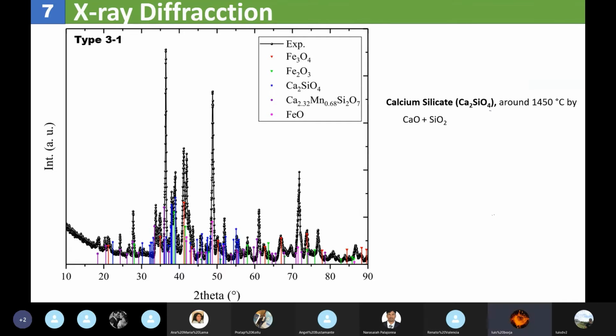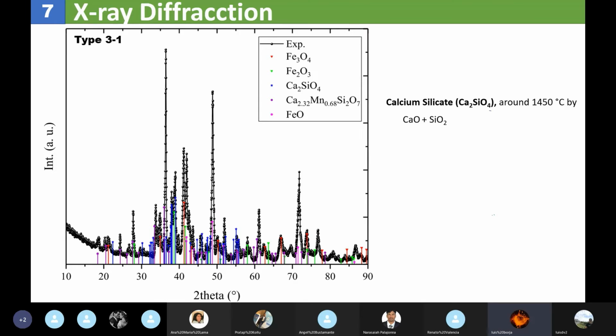The other technique that we use is X-ray diffraction, to try to detect all the mineralogical phases that are present in our sample. In this case we detect magnetite, hematite, and wustite as the iron oxides, and calcium silicate and calcium manganese silicate.